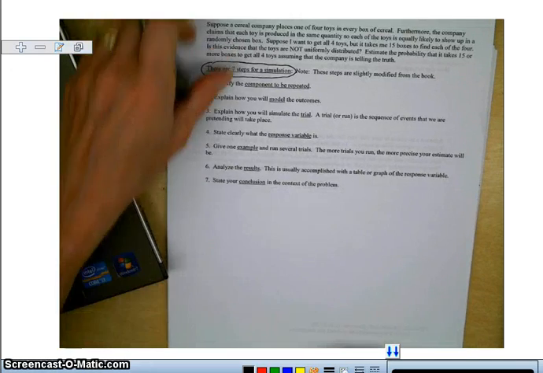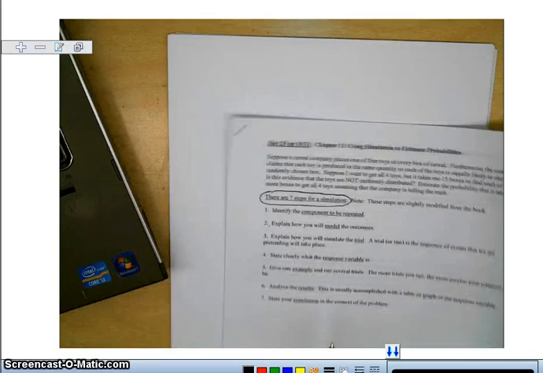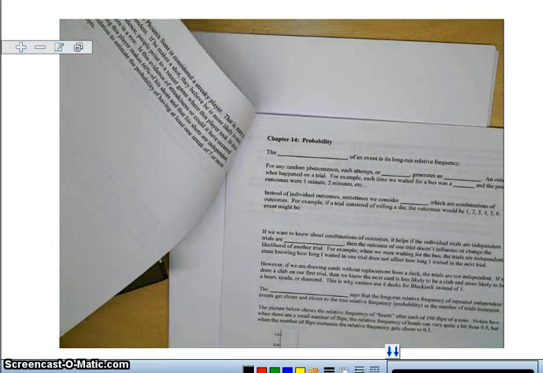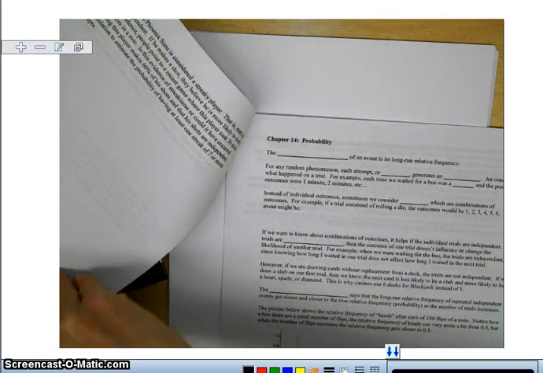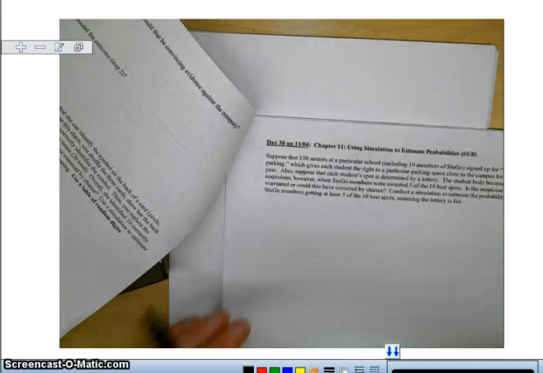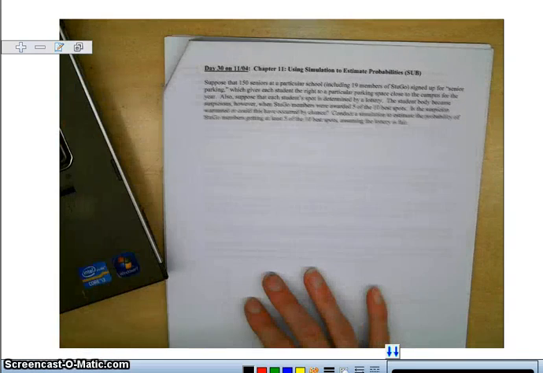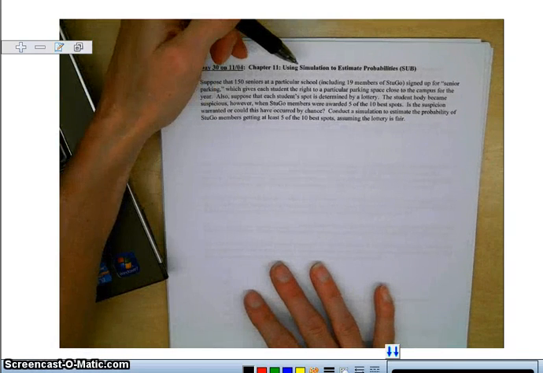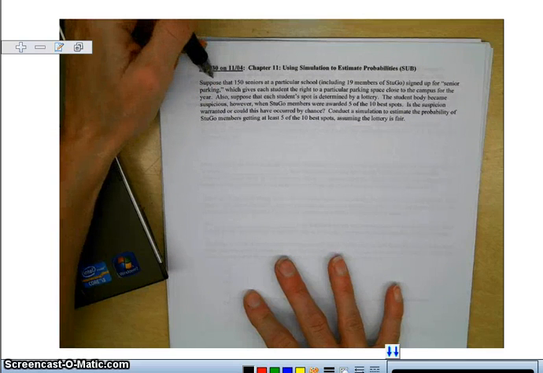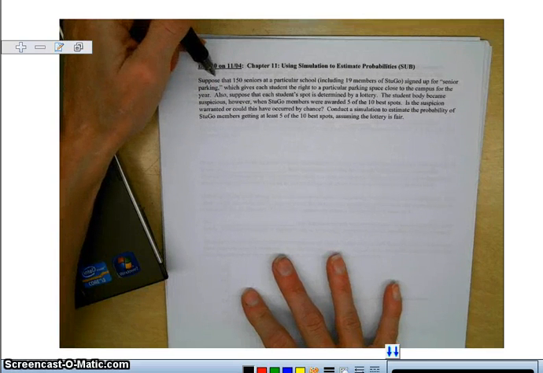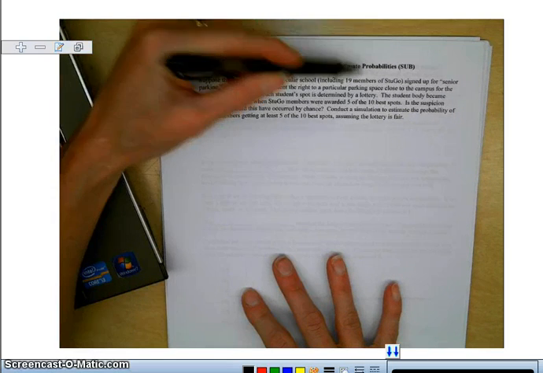So we're on day 30, and what we're going to look at is a situation dealing with getting parking spots at a school. And so the student council, they're called the STUGO. We're going to use simulation to estimate probabilities. Suppose that there are 150 seniors at a particular school, including 19 members of STUGO.